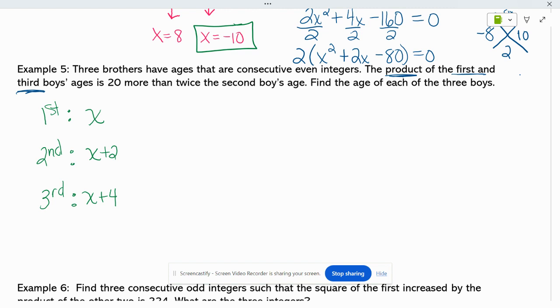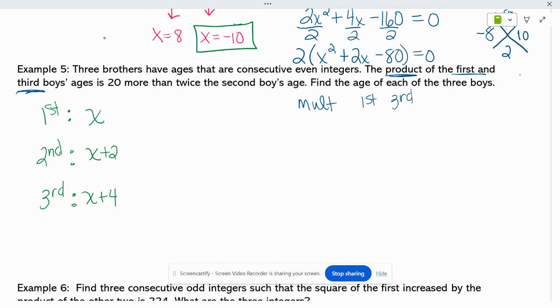Addition is sum. We're not looking for a sum, we're looking for a product. Someone help out. It's multiplication, okay? So I'm going to multiply the first and the third together.